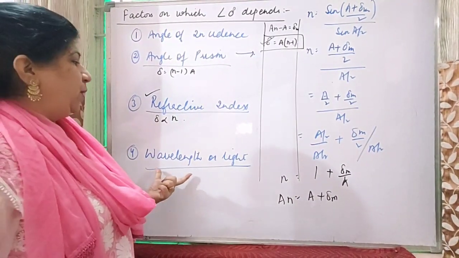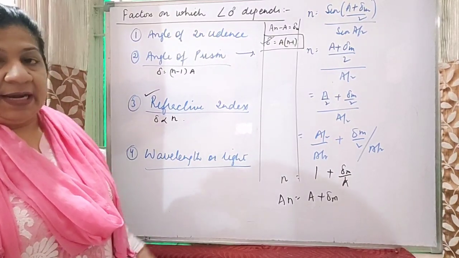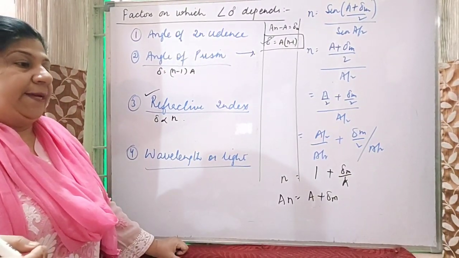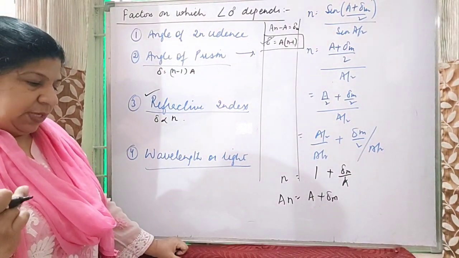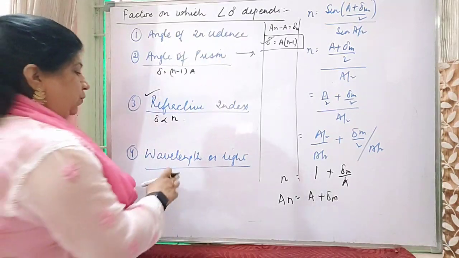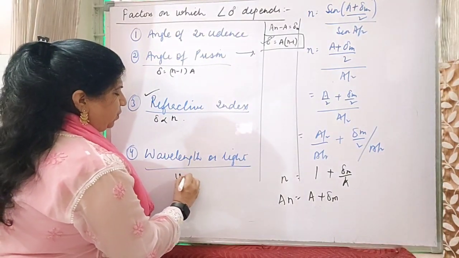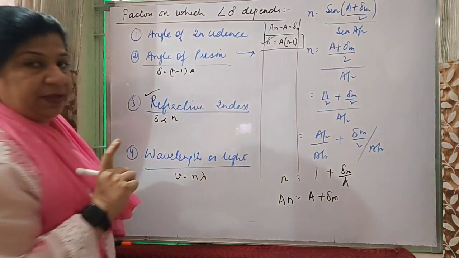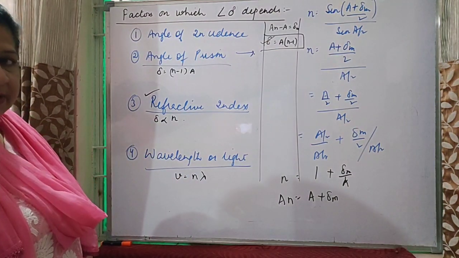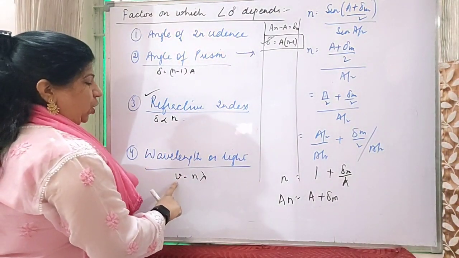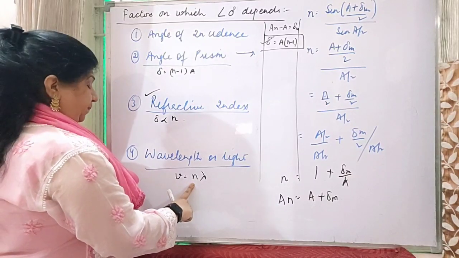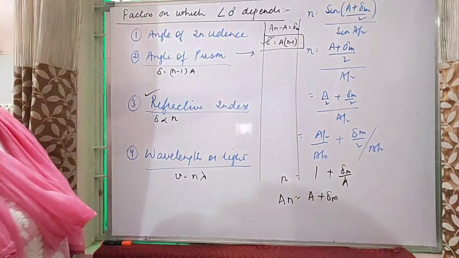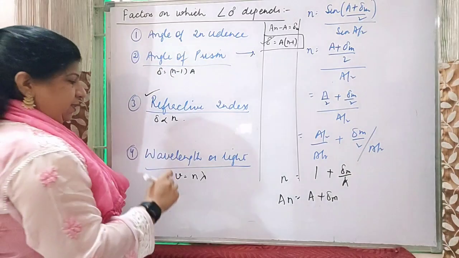And now a very important point is the wavelength of light. This is a little indirect relationship, right? So wavelength, you know that v is equal to nλ, and you know this formula, we saw it earlier too. Which means the velocity is equal to the frequency into the wavelength. n is the frequency here.